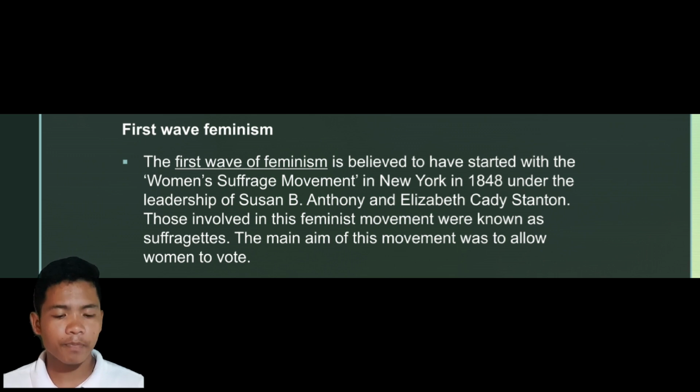Those involved in this feminist movement were known as suffragettes or the voters. The main aim of this movement was to allow women to vote. So, first wave feminism focused on the right of women to vote, for their equality in the workplace and even in other economic and societal factors.